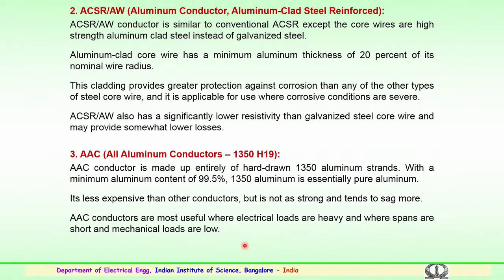AAC conductors are most useful where electrical loads are heavy, that is, high electrical power, and where spans are short, that is, tower to tower distances are short and mechanical loads are low. In such cases AAC conductors are used for the transmission or distribution network systems.